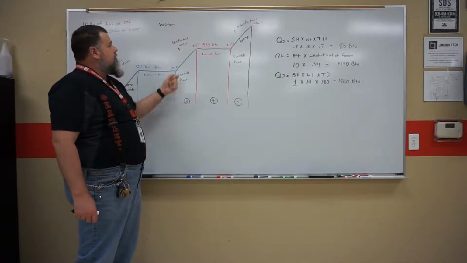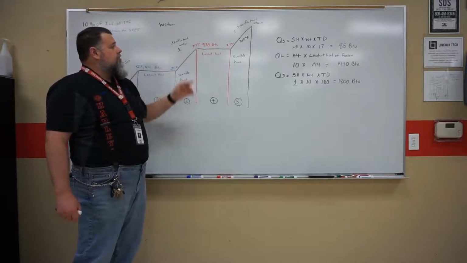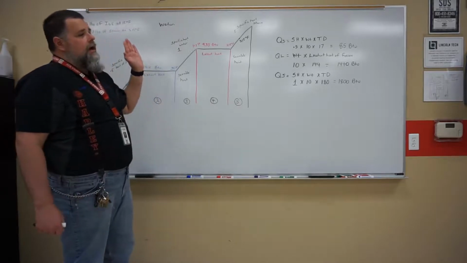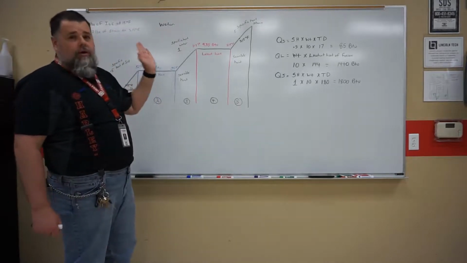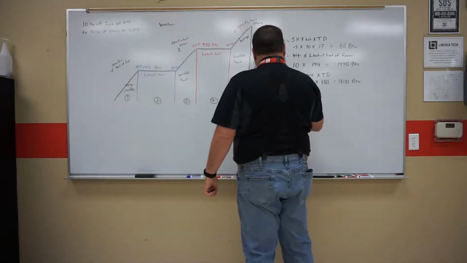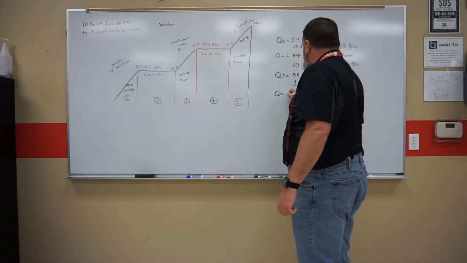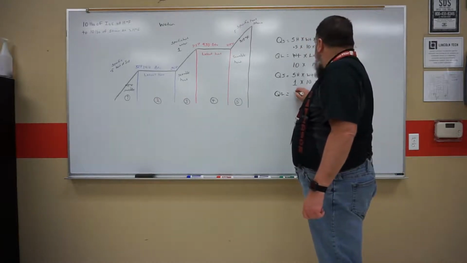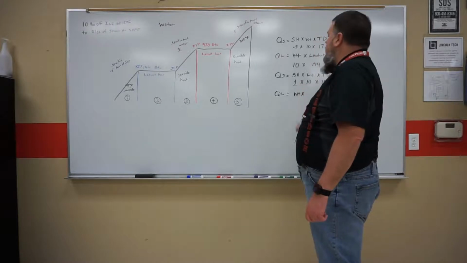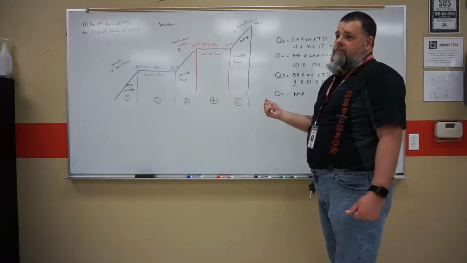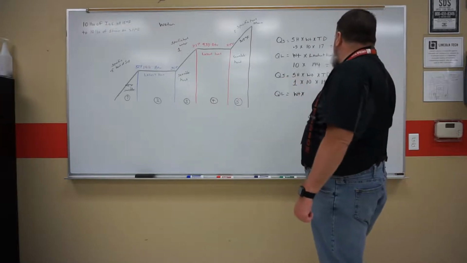Now what we've got to do is take it across this for latent heat, because we're going to change the state now. We're going to change totally from liquid and vapor to totally vapor, or steam. So we're going to do a latent heat calculation again. Q of L is going to be the weight times the latent heat of evaporation or vaporization, depending on which way you're going on the scale.